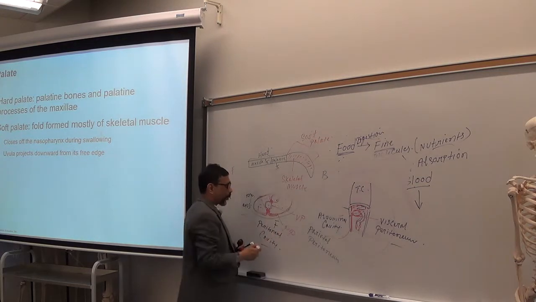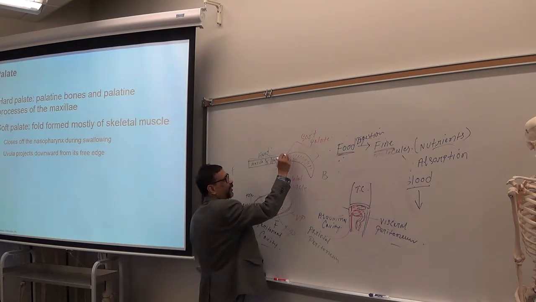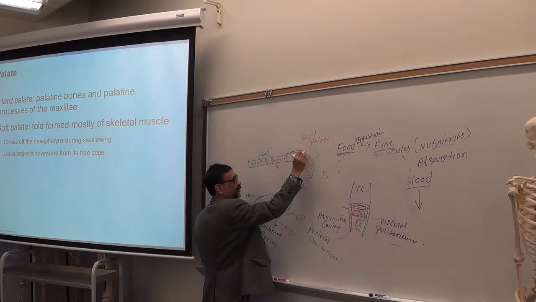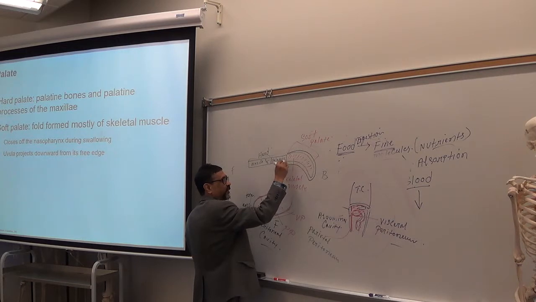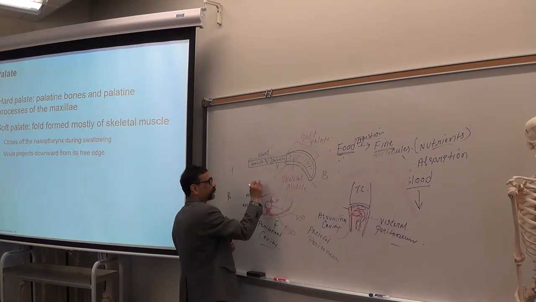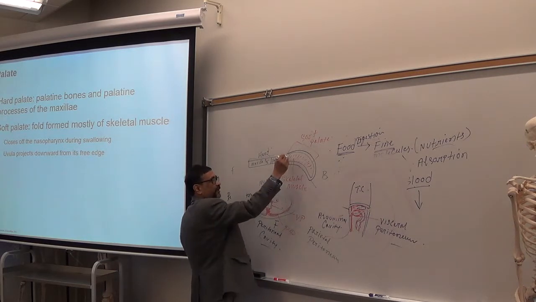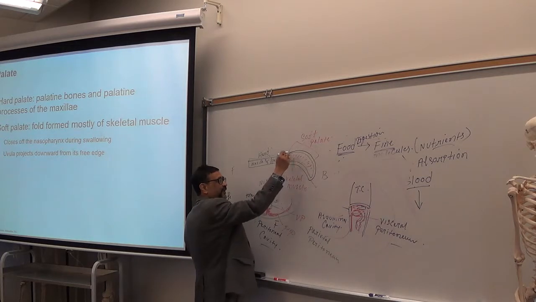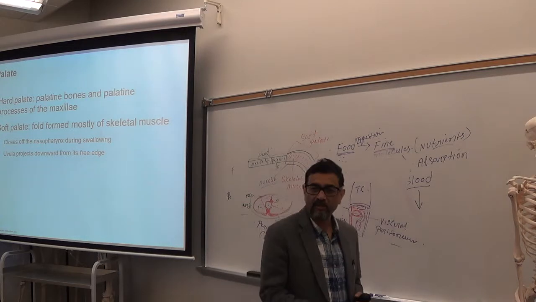Skeletal muscle is covered by a thick layer of mucosa. So this is a thick mucosal layer around the skeletal muscle. Inside is skeletal muscle and the outer layer is a thick layer of mucosa.